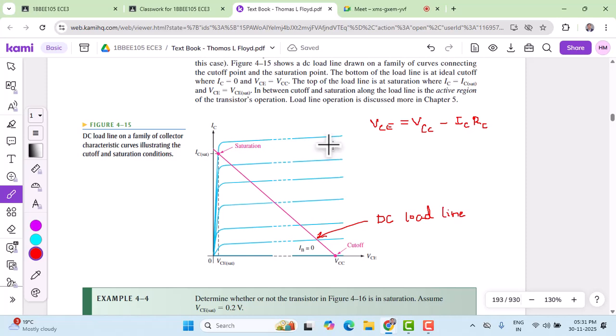In example 4.6, the transistor in figure 4.19, this is figure 4.19 given, has the following maximum ratings. Maximum power dissipation is 800 milliwatt. Maximum collector emitter voltage is 15 volts.